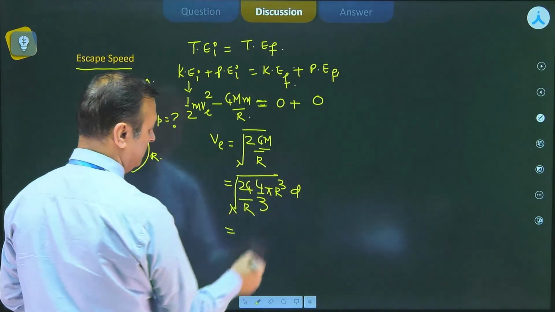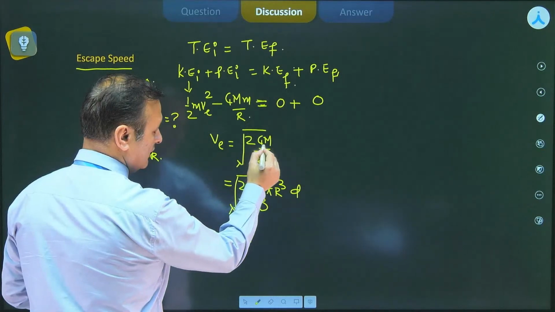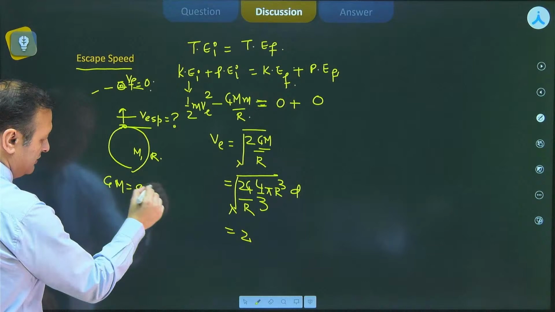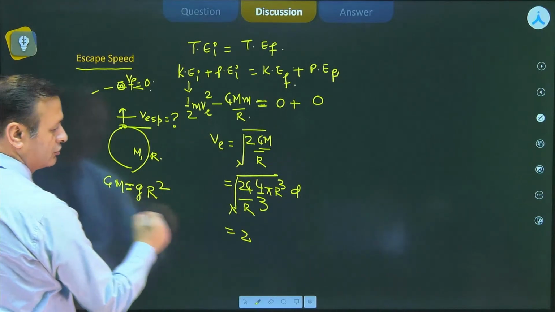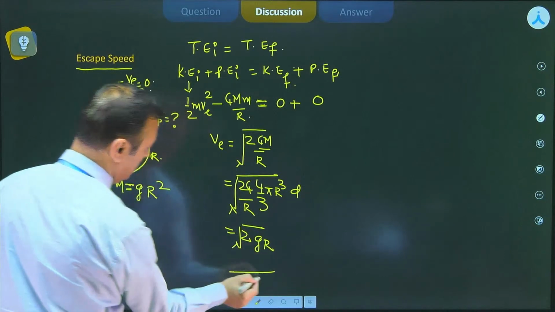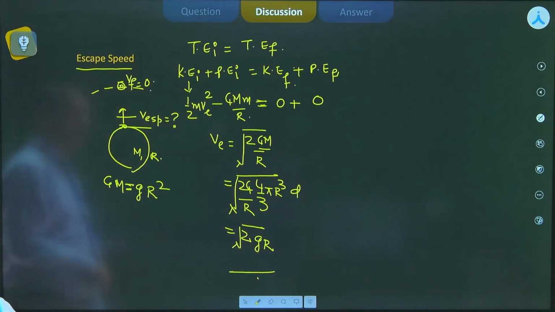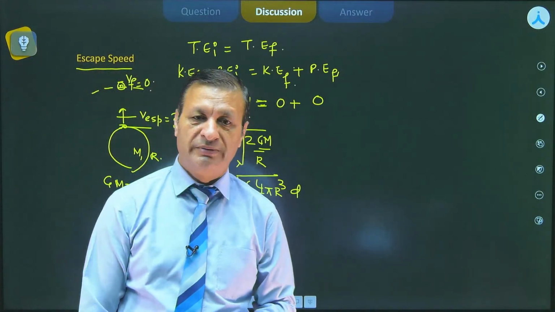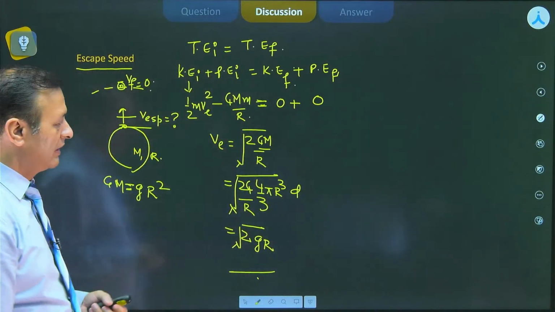And when you make use of capital GM, we know capital GM can be written as g r square. So this escape speed can be written as root 2gR also. Got it? So you have to memorize all the formulas before you attempt any numerical.